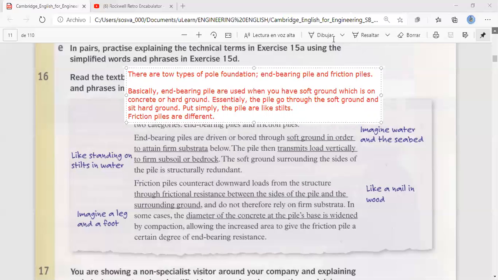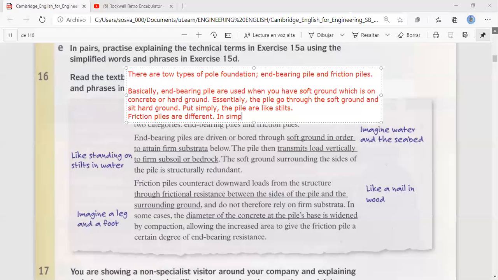It's similar, yes, but sometimes they are different, because when you use that drill or the piles into the surface, friction piles are different. It's hard to think how to explain this.